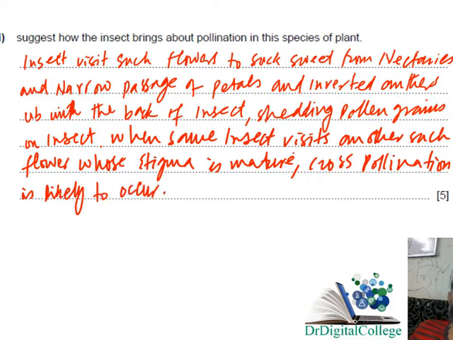Okay, so this should be the answer, that insects visit such flowers to suck the sweet nectar from the nectaries, and the narrow passage of the petals and inverted anthers rub with the back of the insect, shedding pollen grains on the insects. When the same insect visits another such flower whose stigma is mature, cross-pollination is likely to occur.